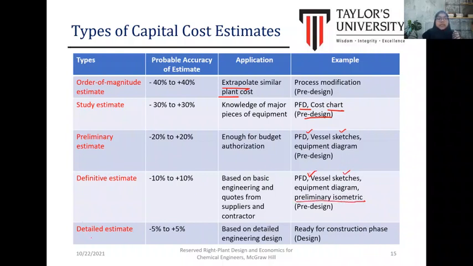Okay, the last is the detailed estimate. So it has the highest or the most accurate percentage. Okay, it is based on the detailed engineering design. So to proceed with the detailed estimate, we require the detailed engineering design. That means the project is ready for the construction phase.